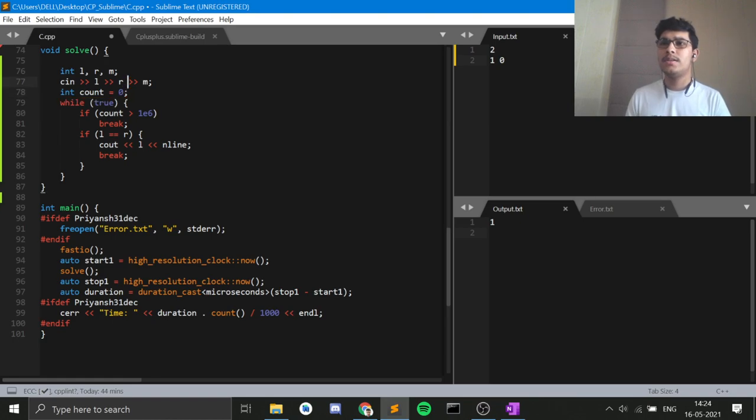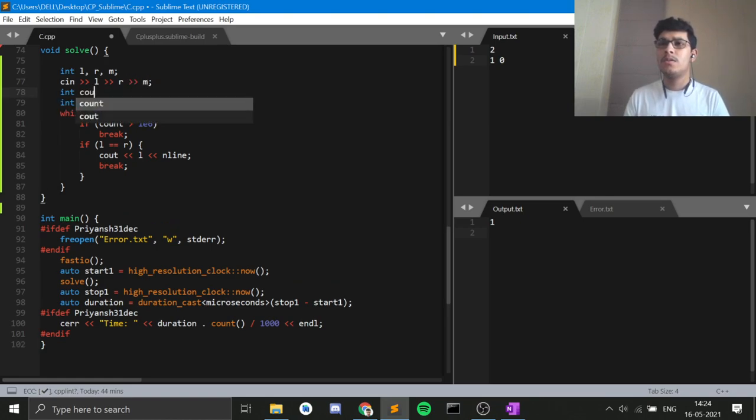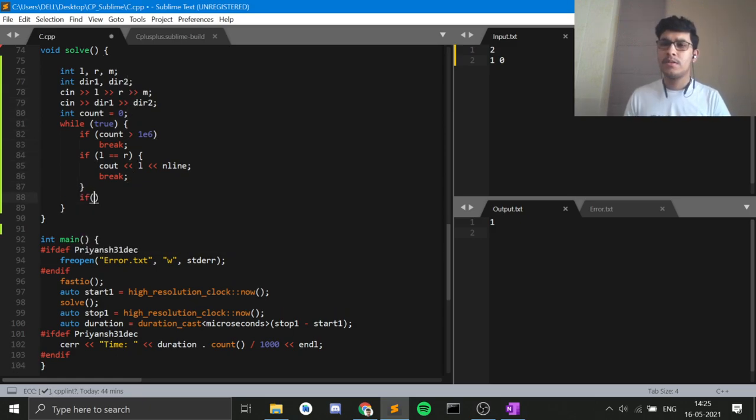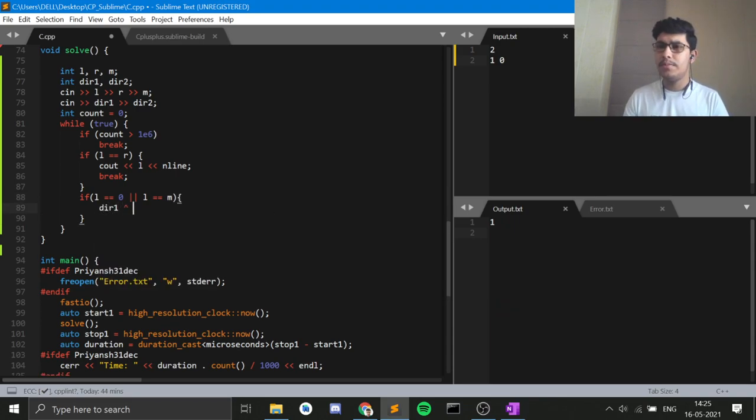Okay, we can also decide the direction they're moving in. If L equals 0 or L equals M, then we can flip the direction it is moving.